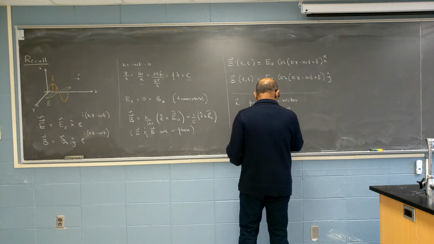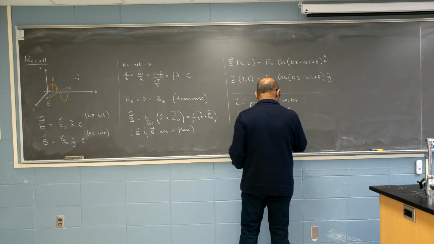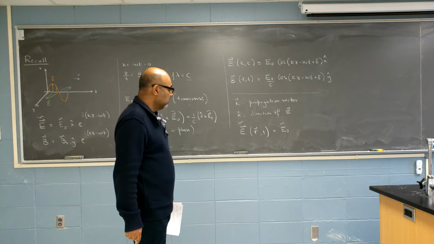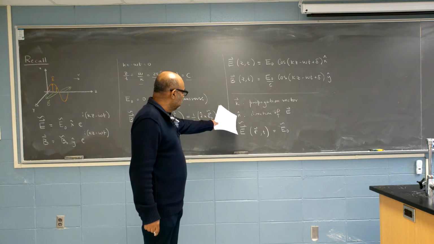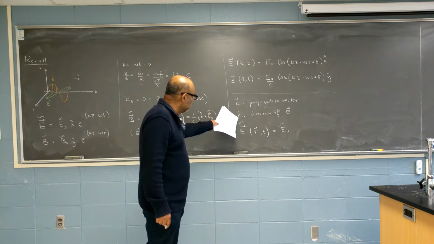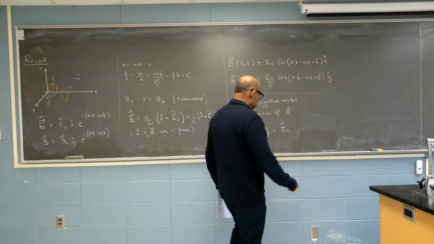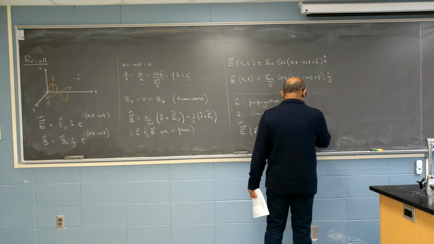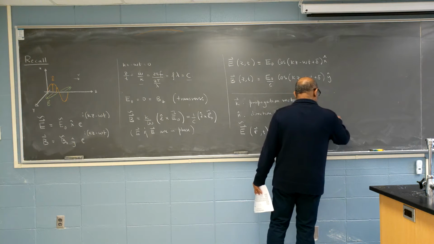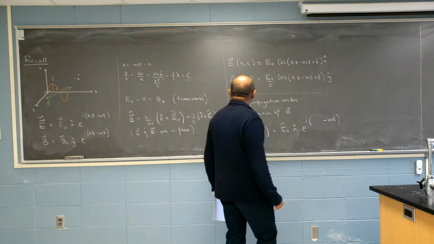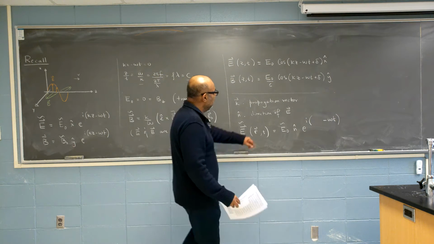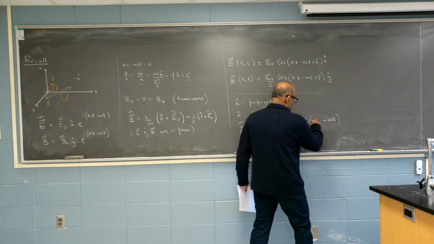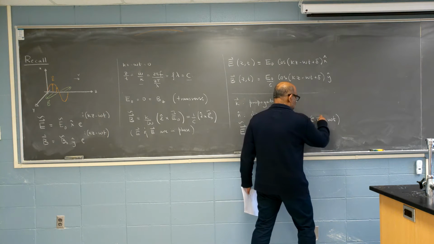And then, of course, I get my complex amplitude. And we know that by the definition of notation, n is the direction of E. So I put n hat e to the i, instead of kz, I'm going to now have k dot r minus omega t.